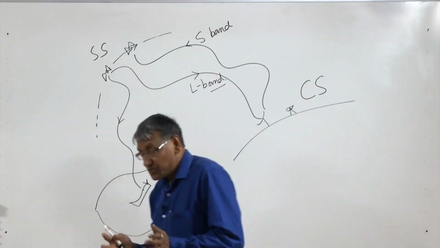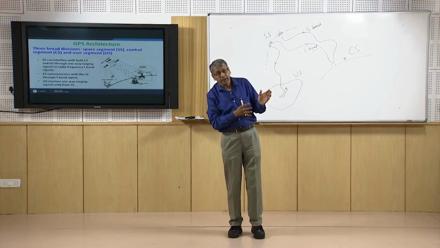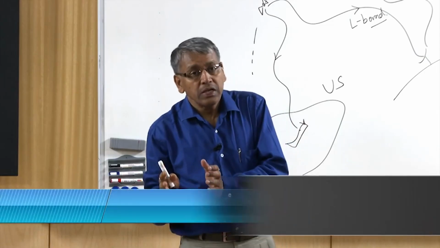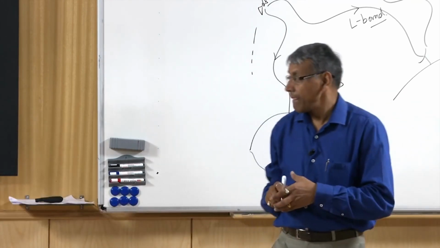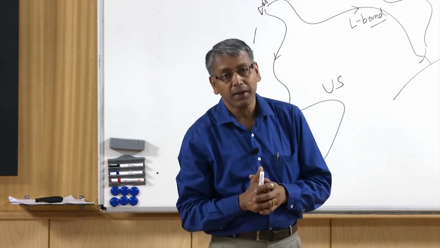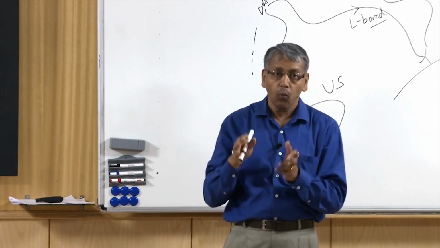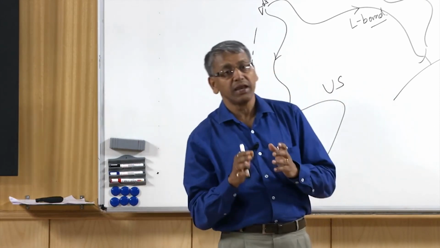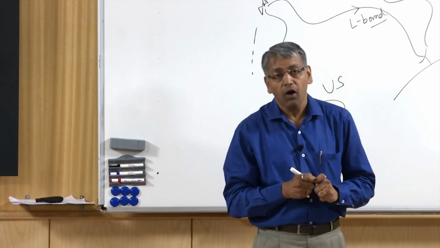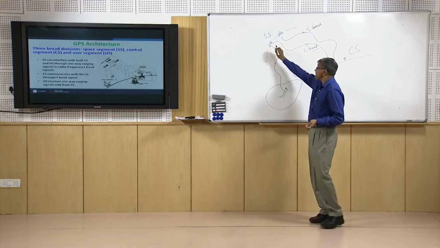So, in the GPS architecture, the space segment can communicate with the control segment as well as the user segment by one-way L band ranging signals, and the control segment can communicate with the space segment by another one-way ranging signal in S band, but the user segment cannot communicate; it can only receive, and that too from the space segment only.